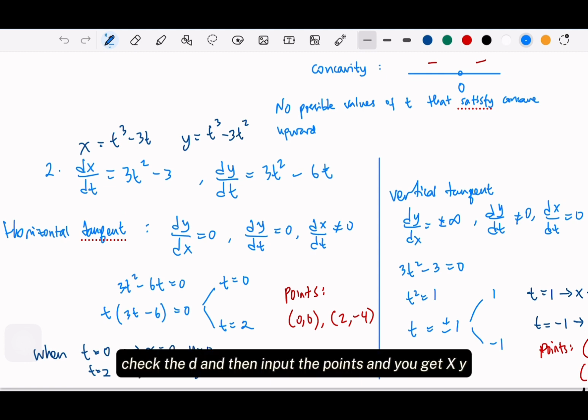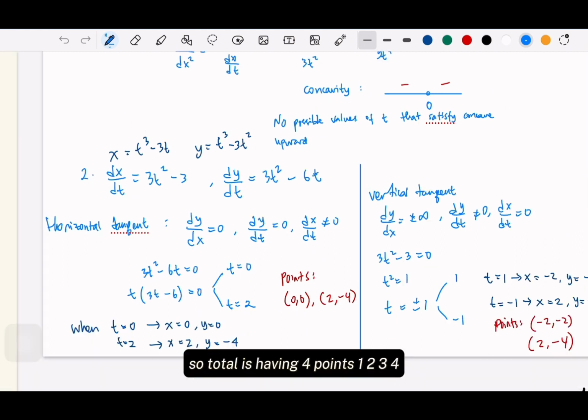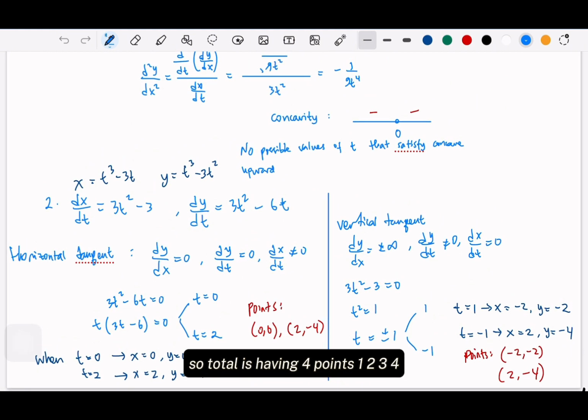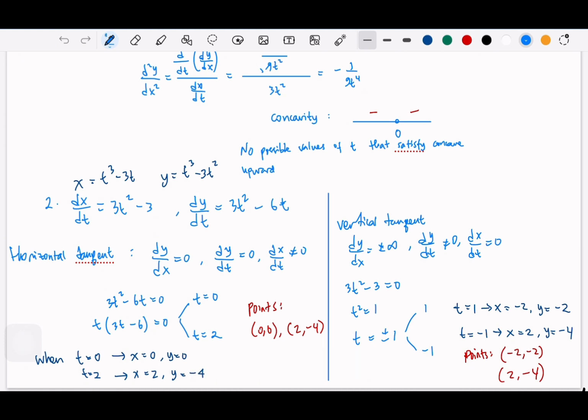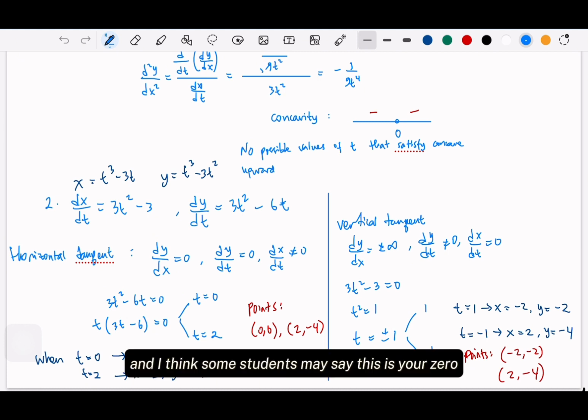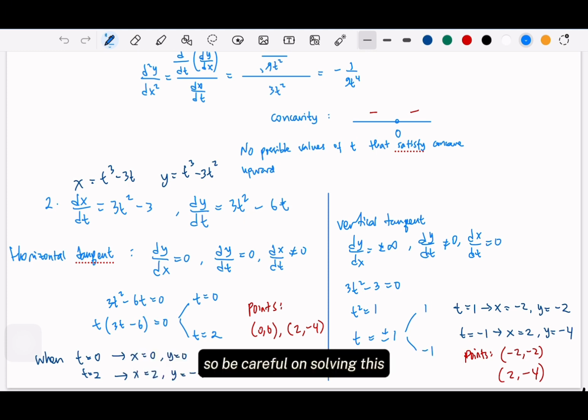So check the t, and then input into the points, and you get x, y. So in total there are 4 points: 1, 2, 3, 4. And I think some students missed this 0, 0. So be careful when solving this.